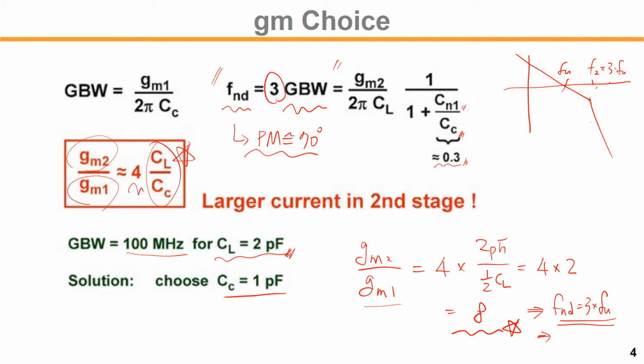That leads to a PM equal to 70 degrees. This is a very important result. So you have to design the second stage GM almost 8 times greater than the first stage GM. That gives us the desired target phase margin.